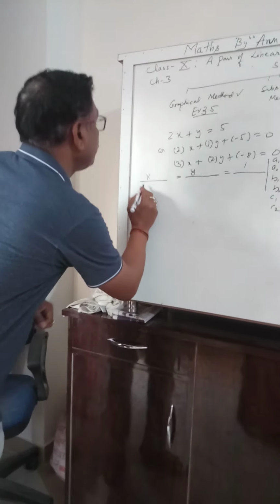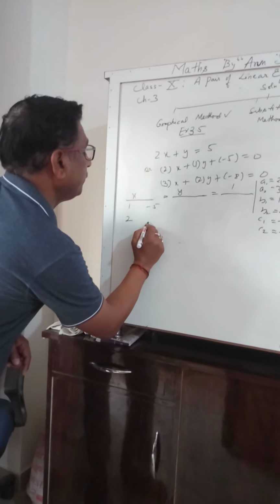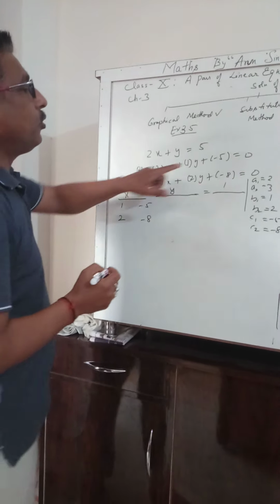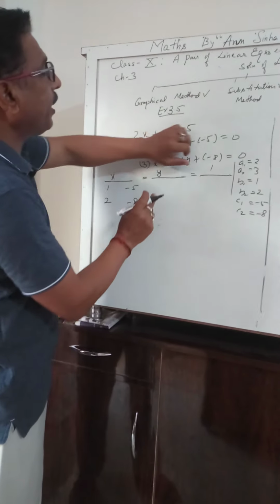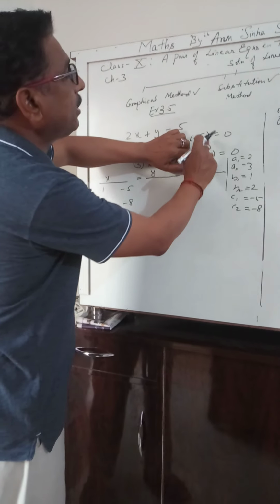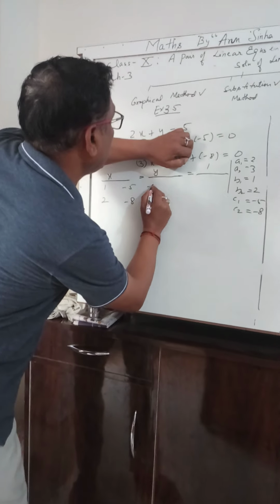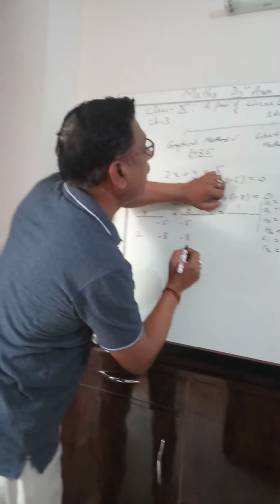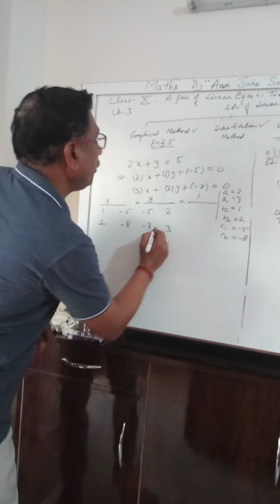Right? 1, 2, minus 5, minus 8. Don't leave this sign. Now to get the value of y, again put the hand on the y, and now you can see the next term on the right side. You will get minus 5, minus 8, and then you just see the other, 2, 3.